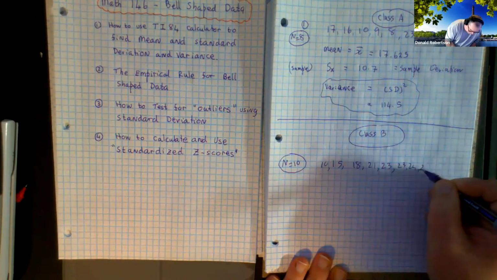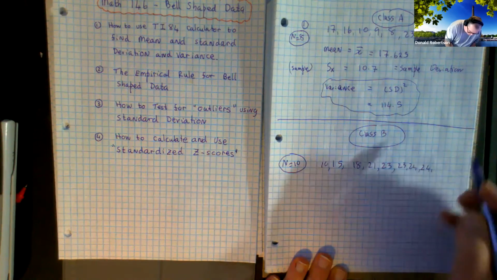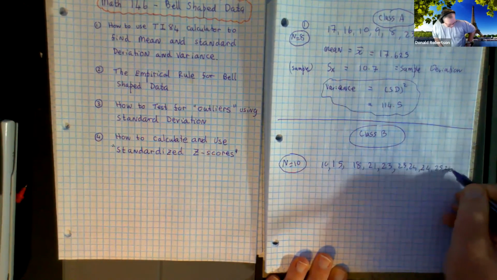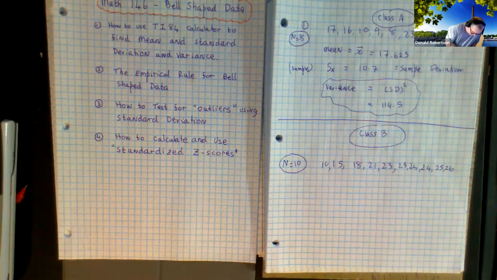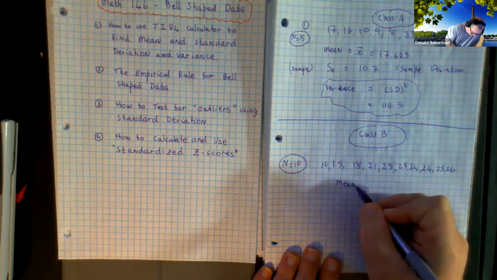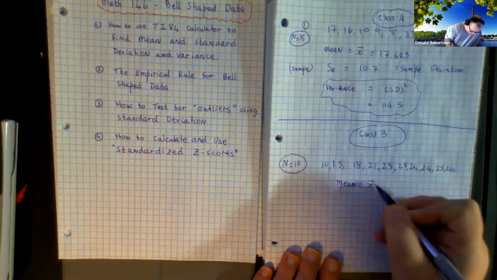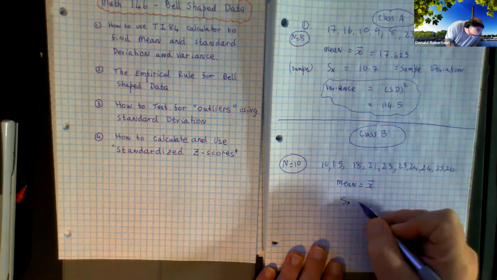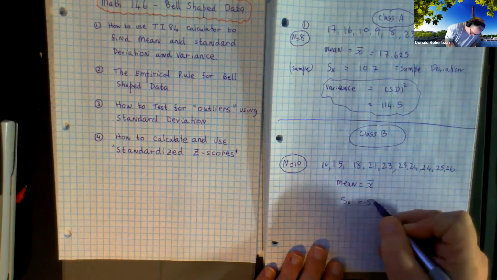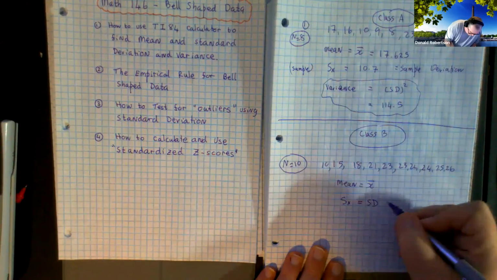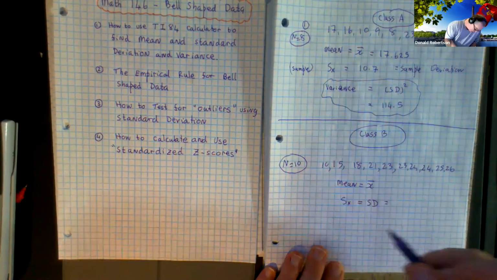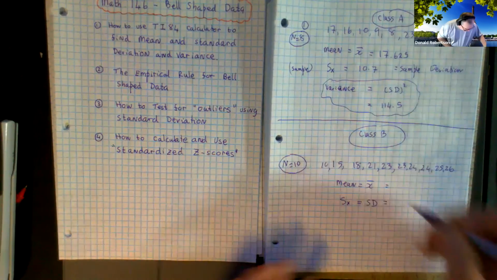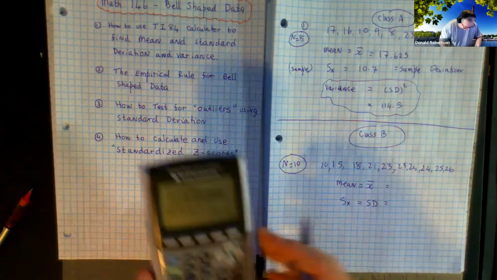And we are going to find the mean and the standard deviation. By the way, standard deviation is called SD as well. I like SD on this X because it makes me think standard deviation. So we're going to find the mean and the standard deviation of this data set.